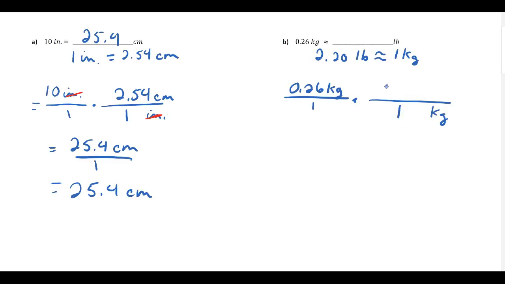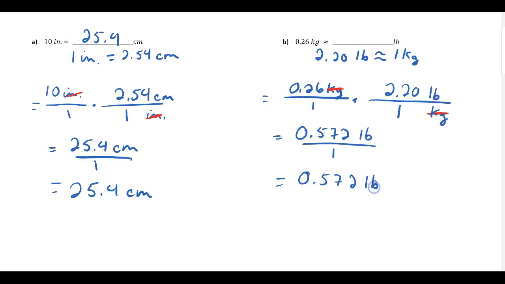So 1 kilogram and 2.20 pounds. This way the kilogram units cancel. And I'm going to multiply 0.26 times 2.2. And I'm going to get 0.572 pounds over 1, which is 0.572 pounds. So 0.26 kilograms is approximately 0.572 pounds.